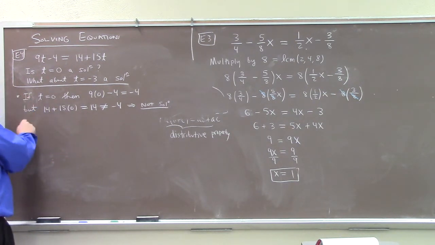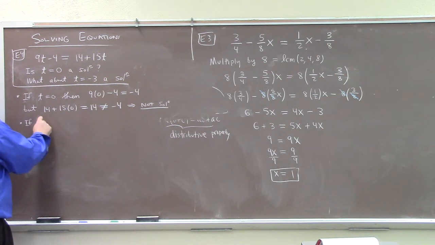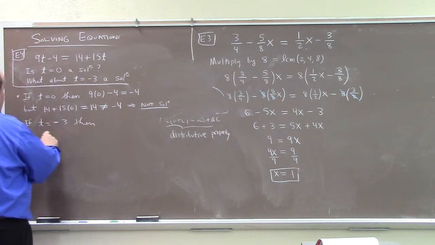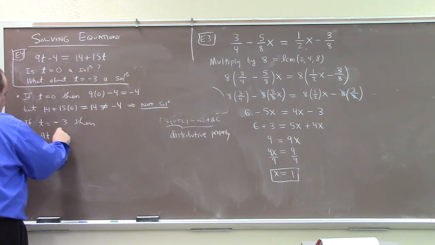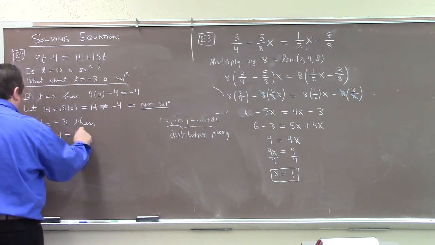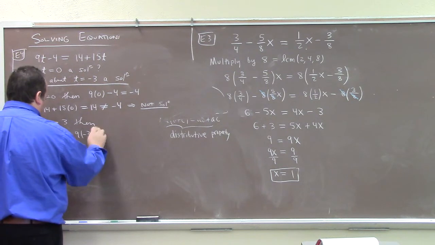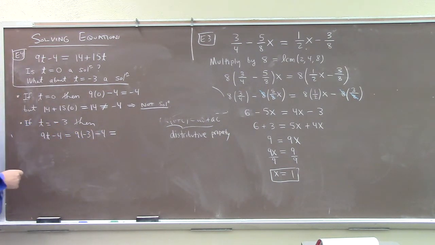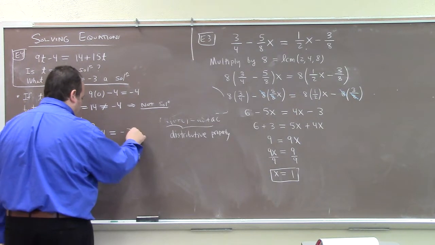On the other hand, if t is equal to minus 3, then 9t minus 4 is equal to 9 times minus 3 plus minus 4, right? What's that equal to? Minus 27 minus 4 is minus 31.